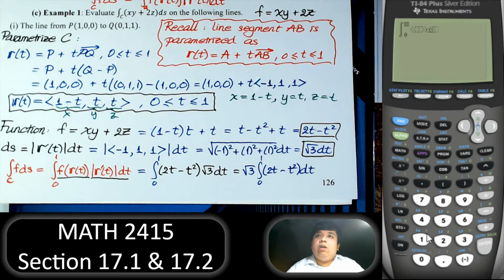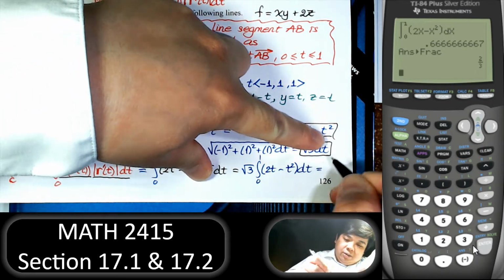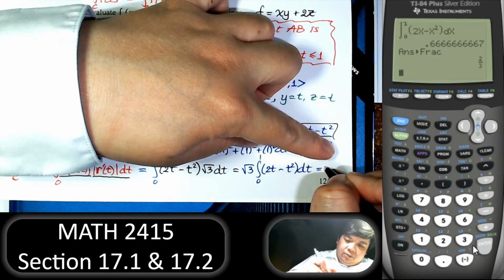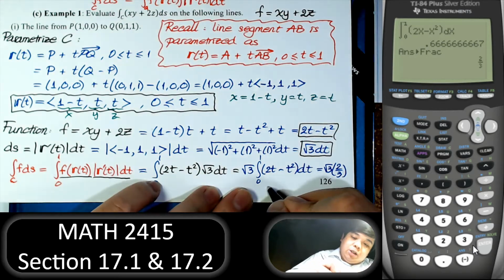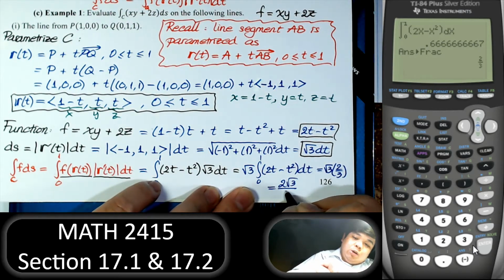Going from 0 to 1, that's 2x minus x squared, so that's 2/3. 2/3 times square root of 3. So we have 2 square root of 3 over 3.